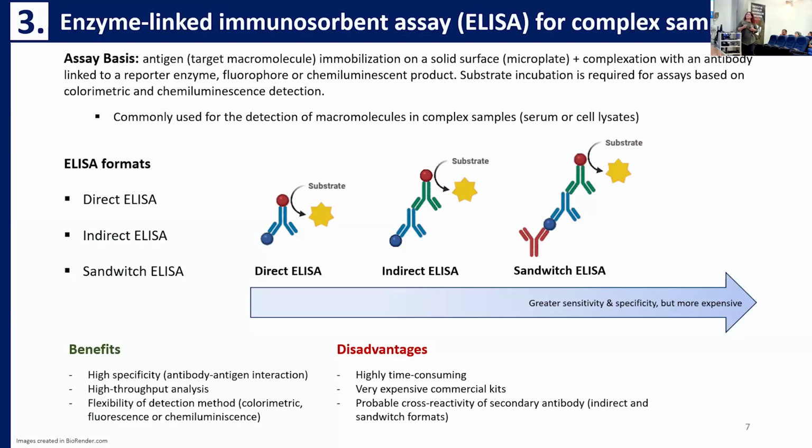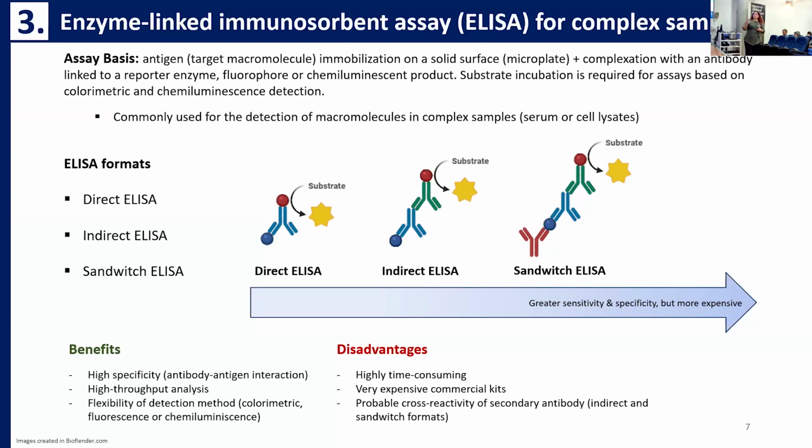This assay is based on the immobilization of the target molecule that we want to quantify on a solid surface, and then binding. We need a specific antibody in order to specifically bind our targeted molecule and only get signals from it.